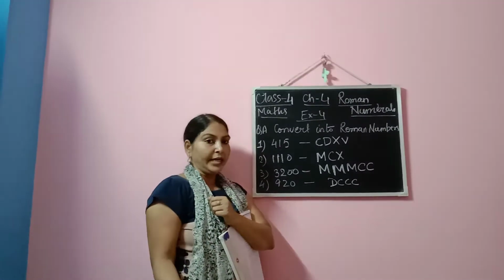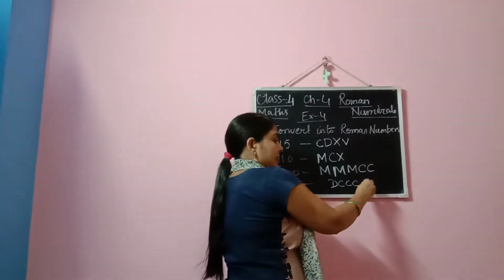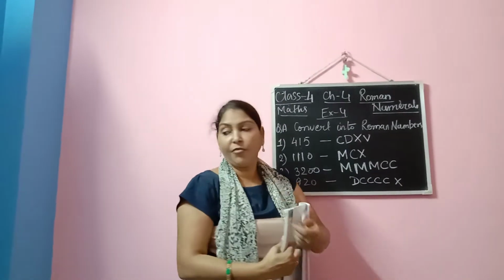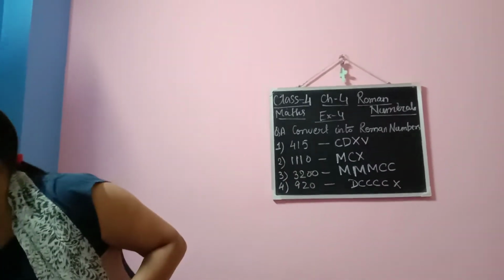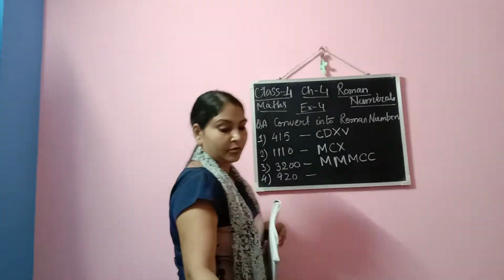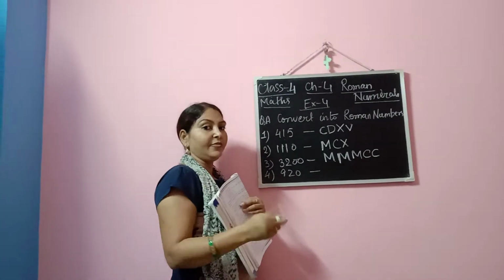Now if we have to write 900, shall I write it like this? This is wrong. We will not write like this. Again we will follow the subtraction rule. We will subtract 100 from 1000.